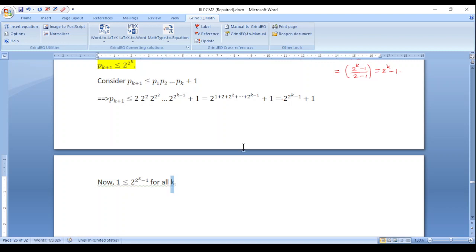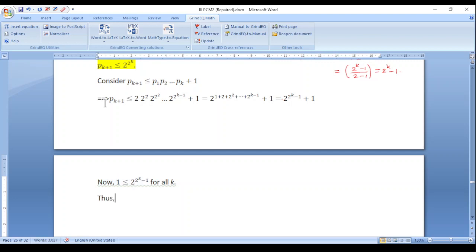Is that so? Check it out. If you take any value of k here, you see that 1 is always going to be less than or equal to this number. Particularly if you take k equal to 1 (k equal to 0 of course does not really work), you get 2 to the power 1, which is 2, minus 1, which is 1, and 2 to the power 1 is 2. So 1 is definitely less than or equal to 2, and after that it is going to be valid for any value of k. So 1 is always going to be less than or equal to 2 to the power 2 to the power k minus 1.